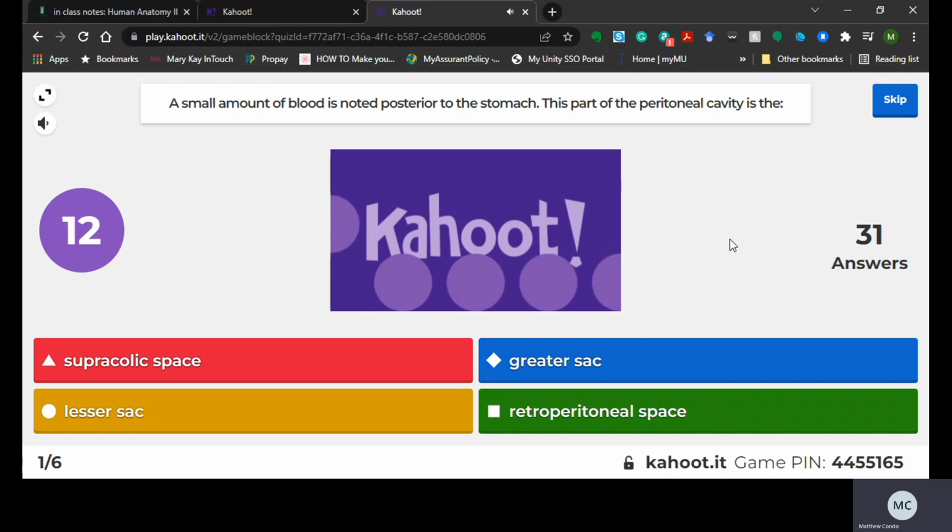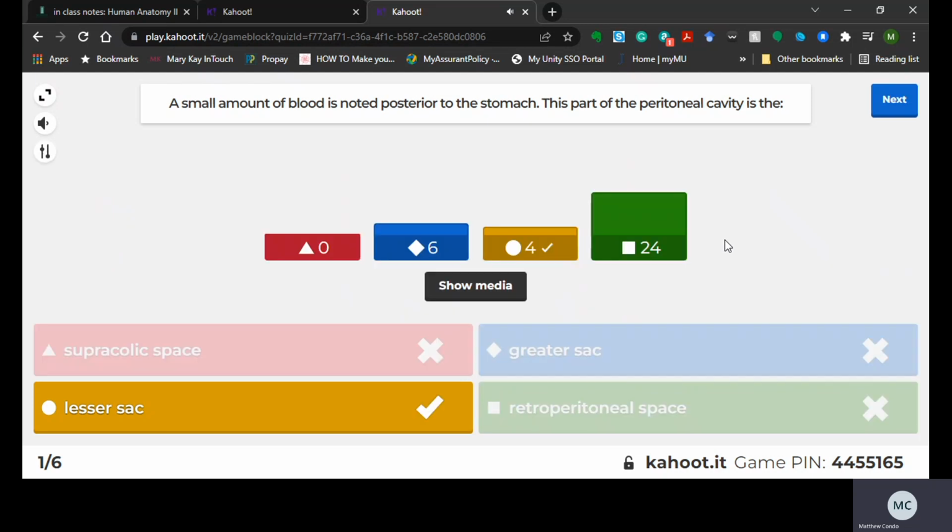Not a problem. Lesser sac. It's posterior to the stomach, guys. Lesser sac. Retroperitoneal space is way back there. Way back there.